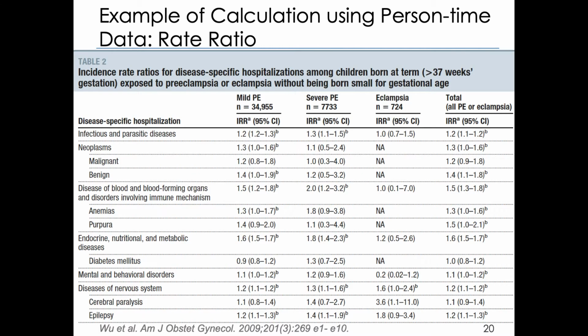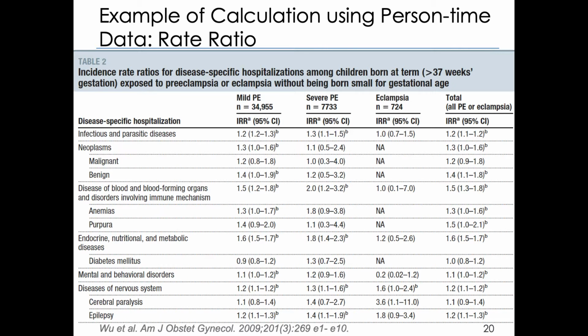All right, so a more recent example, calculation using person-time data and a rate ratio. This is an observational study of incident rate ratios, and the table is incident rate ratios for disease-specific hospitalizations among children born at term, exposed to preeclampsia or eclampsia without being born small for gestational age.